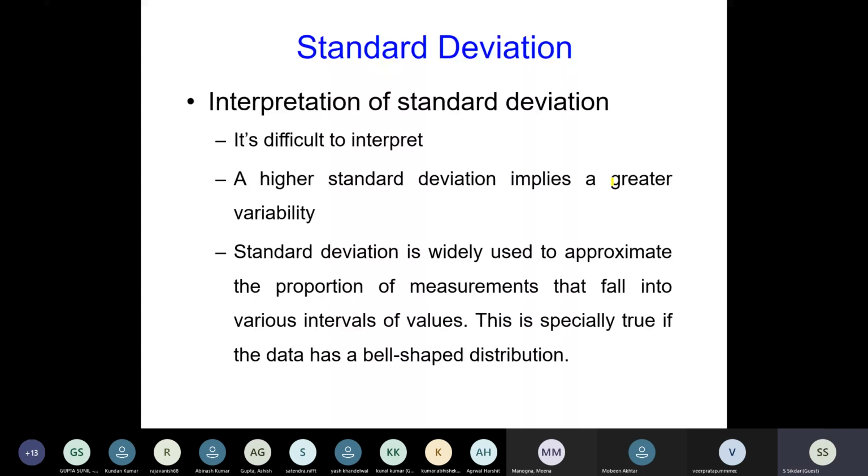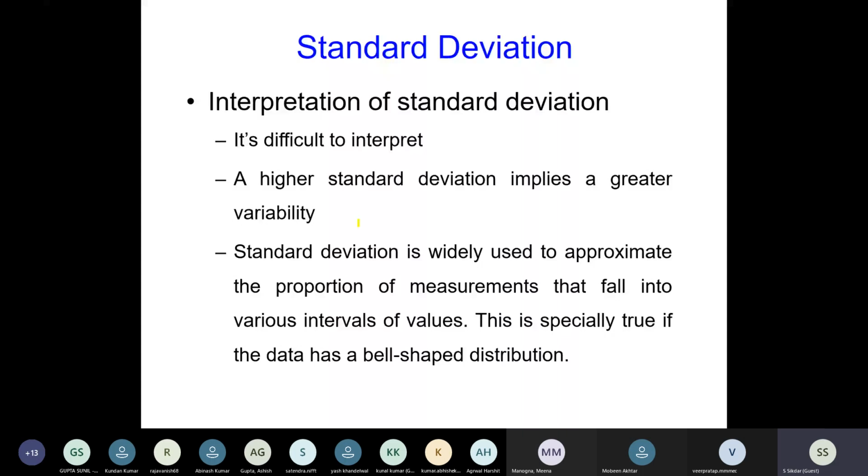Now, interpretation of standard deviation. Sometimes it is physically difficult to interpret, but one meaning is that if the value is larger, as I already told, that means a larger variability. That means the values are deviating too far from the mean, from each particular sample value.